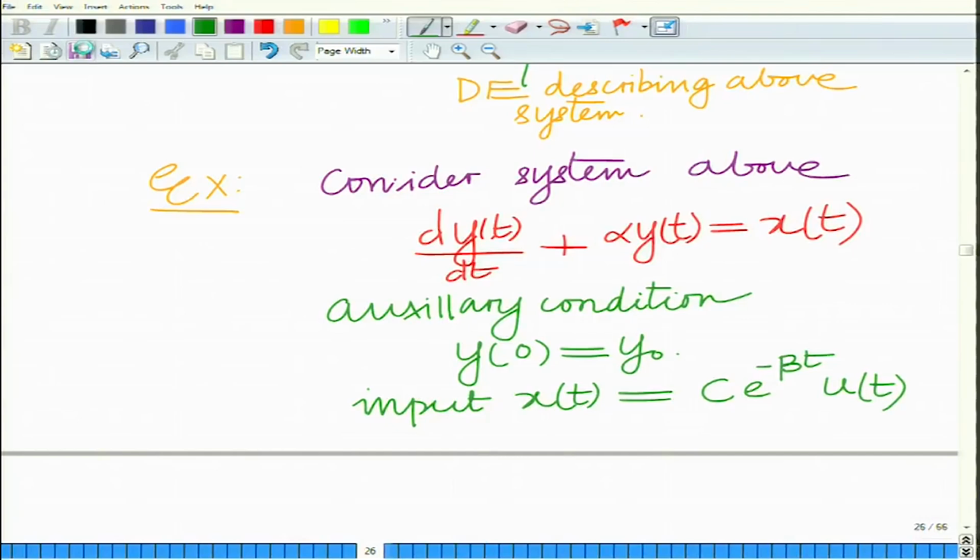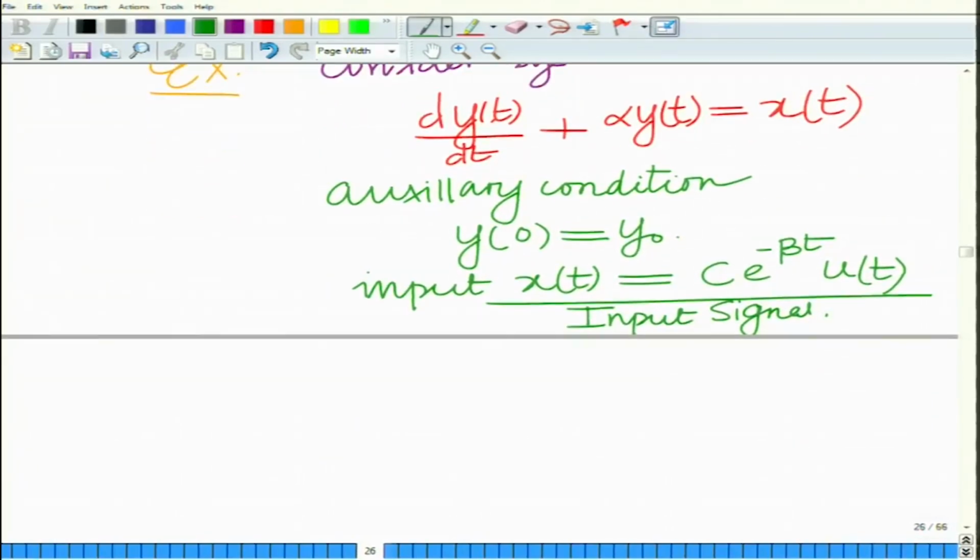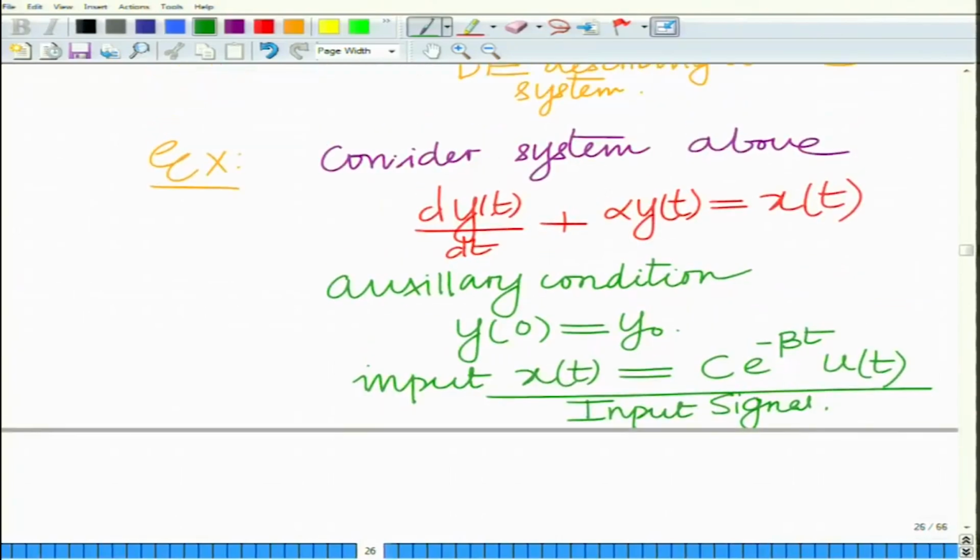So, this is basically your input signal. We have the auxiliary condition y 0 equals y naught, and the system described by the differential equation dy t dt plus alpha y t equals x t.